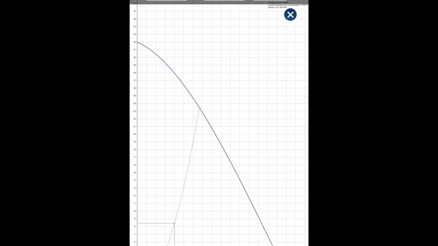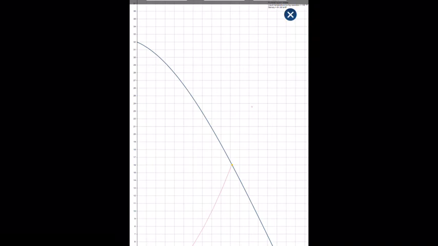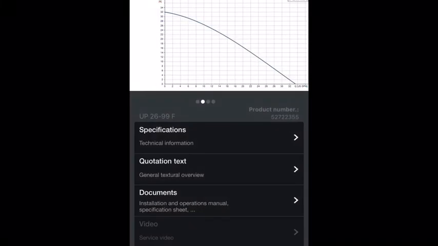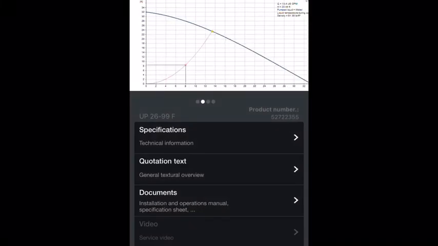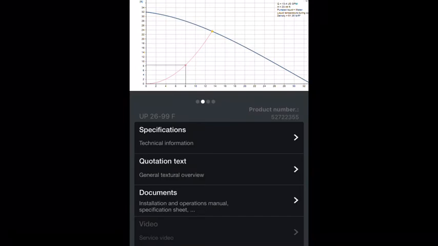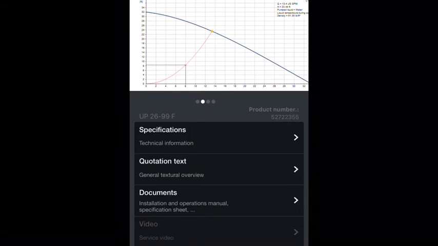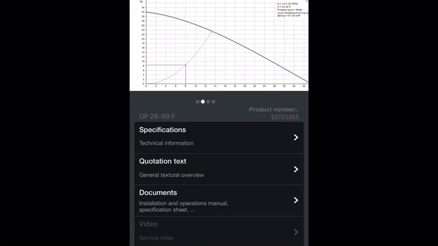So I'm going to tap the pump. Whoops, I got to update that again. Don't want to tap the pump. There we go. Now I'm going to hit the X button on here, and that brings me back, but it didn't lose my curve. So in this particular case, I'm going to do a little screenshot on this one.